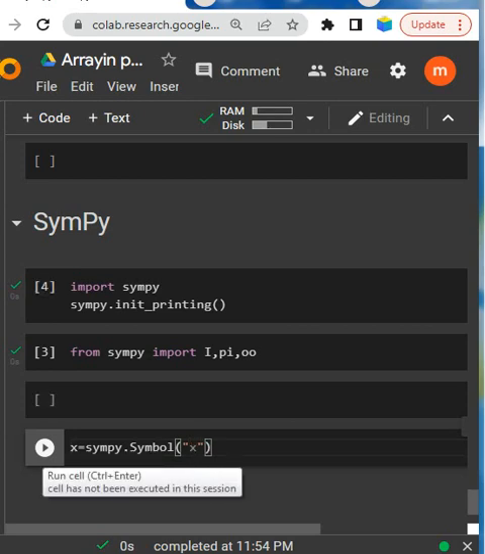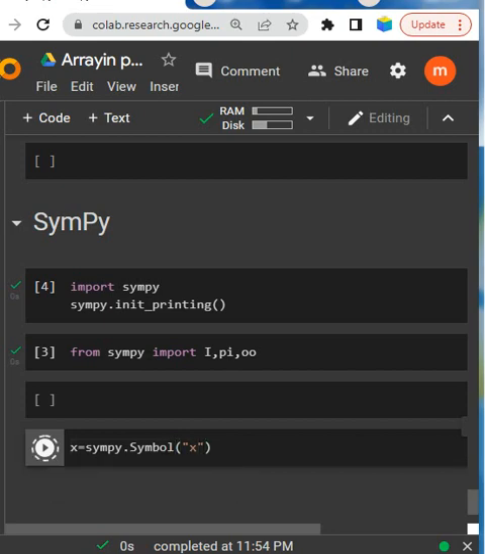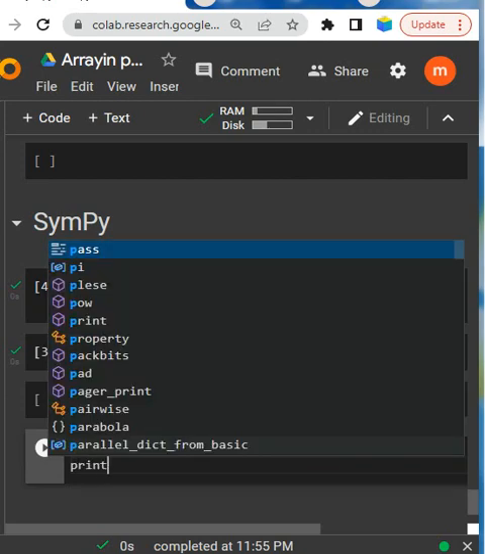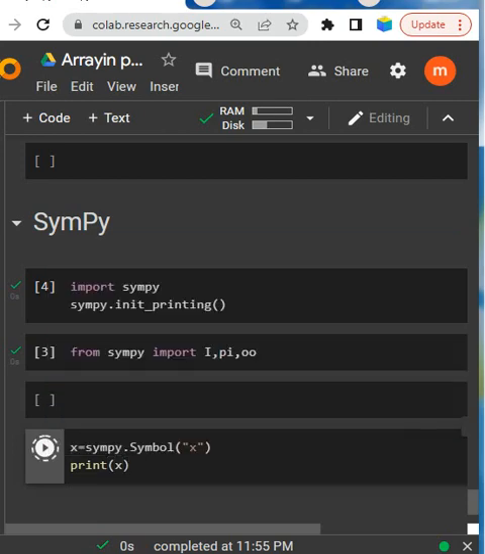The variable x now represents an abstract mathematical symbol x, of which very little information is known by default. You can look here at print x, and it has been printed simply as x.